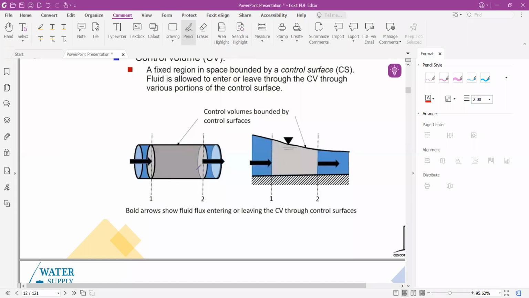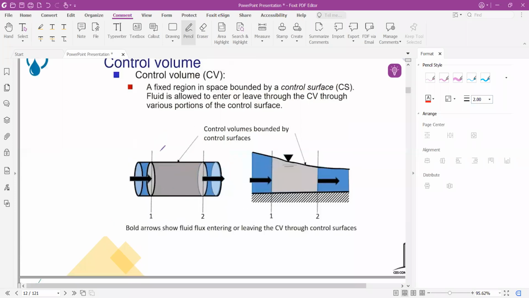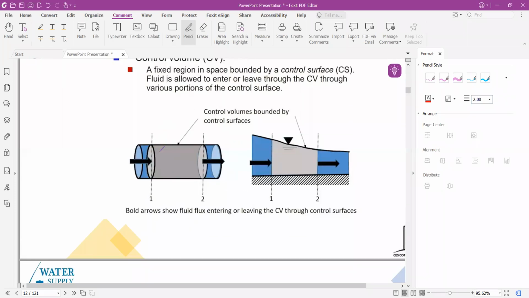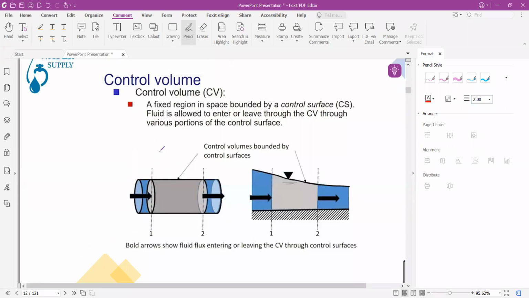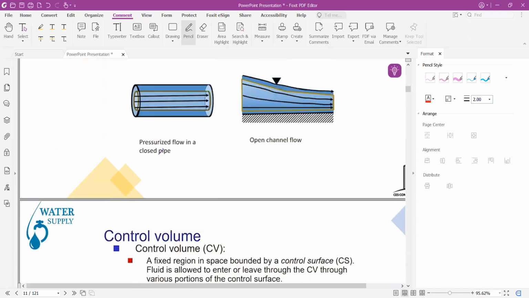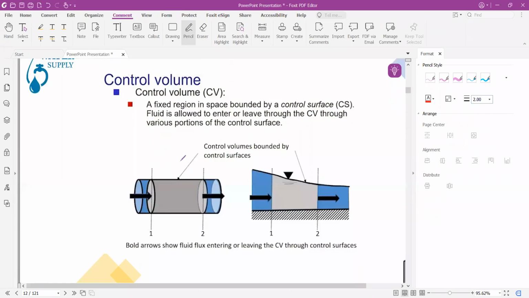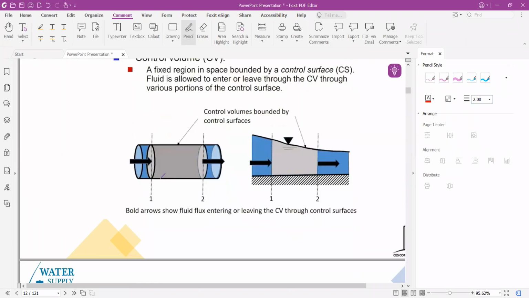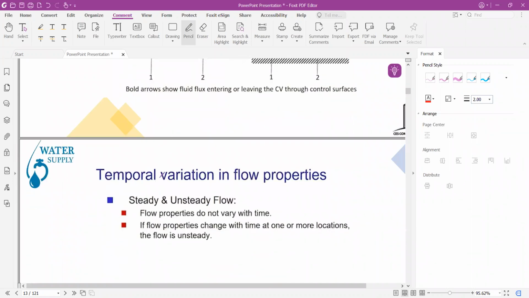Based on this control volume, we derive different types of equations, and then we integrate over the whole system and get equations like Bernoulli's equation and the continuity equation. First of all, we simplify the system by taking the streamlines, taking the stream tube, and taking the system as a control volume, and then we derive different types of equations.